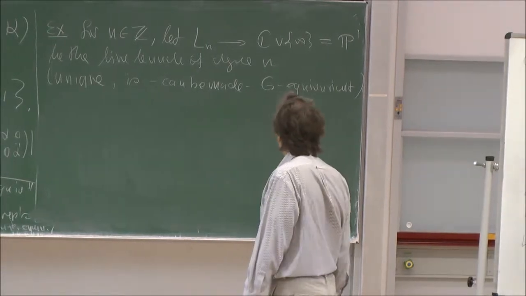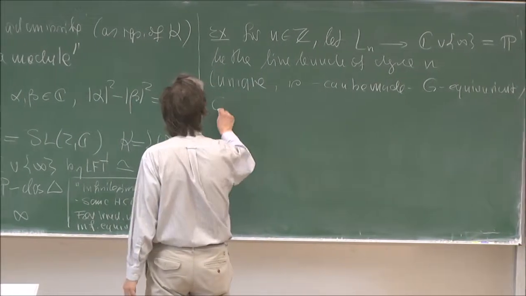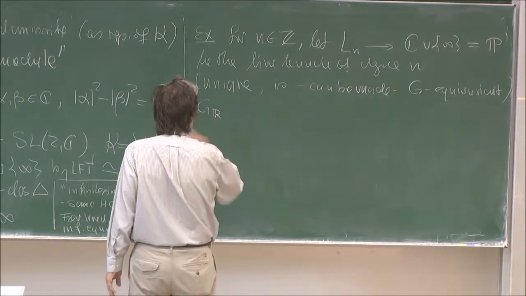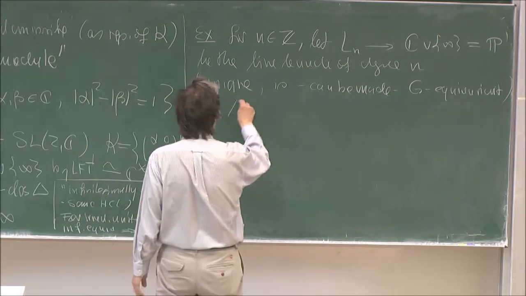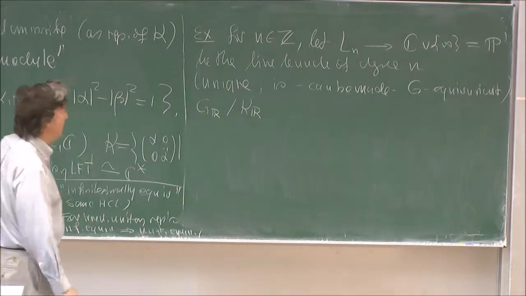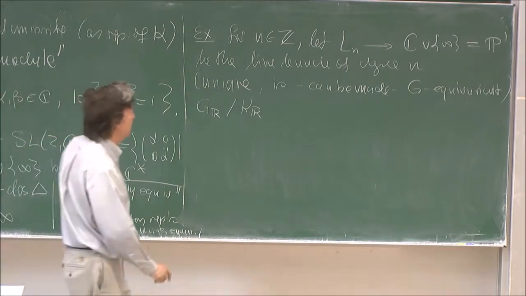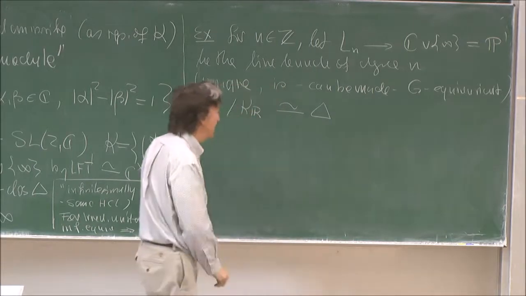So G acts, and now G_R, in this particular case, if I take G_R or K_R, that is SU(1,1) modulo the diagonal group, it's easy to see that that can be identified with the unit disk.